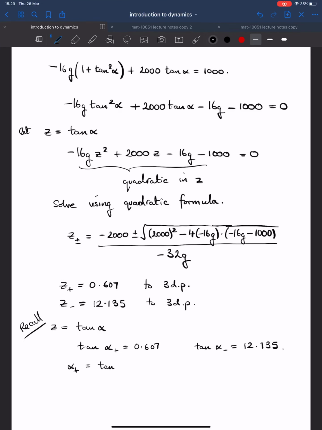So tan inverse, and I'll be doing the computation in radians. So tan inverse of this will give us our angles. Remember that alpha has to be between 0 and 90 degrees, which is equivalent to this, alpha in radians.